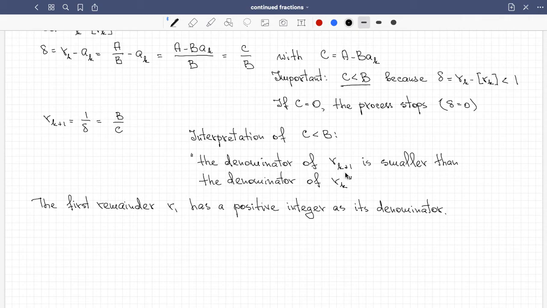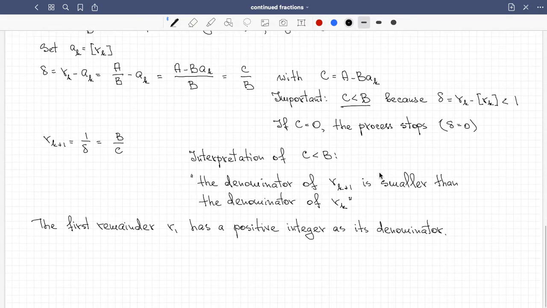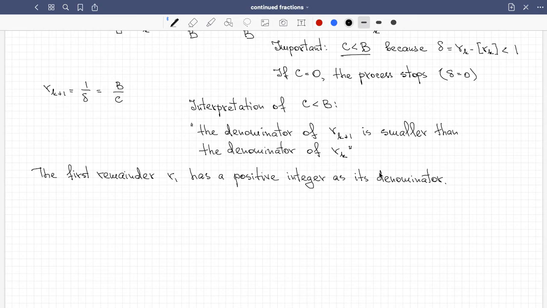They are all positive integers, smaller by at least 1, strictly smaller. All inequalities were strict. A smaller positive integer every time.